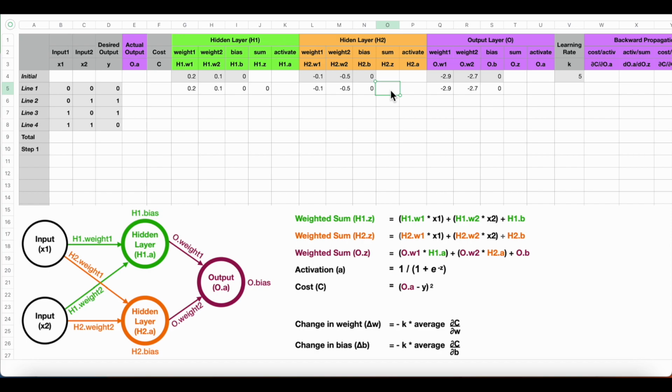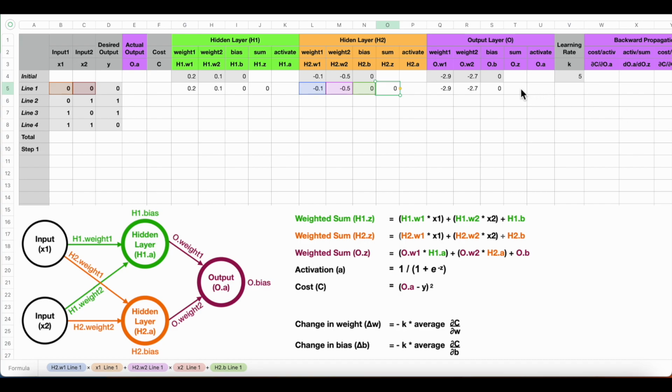We have a similar formula for H2, where it's going to be H2 weight 1 times X1 plus weight 2 times X2 plus the H2 bias.